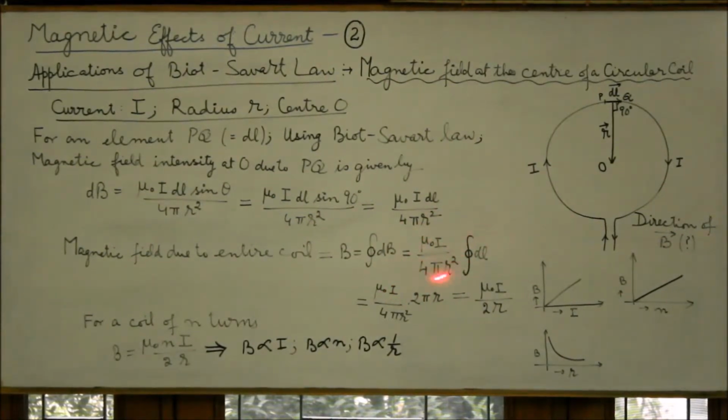As all these terms are constant, you can take them out of the integral and you will have to integrate only dl. So if you integrate dl, you get the total length of this coil, which comes out to be 2 pi r. So the final expression is mu naught I over 2r.